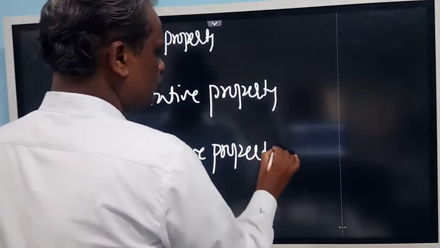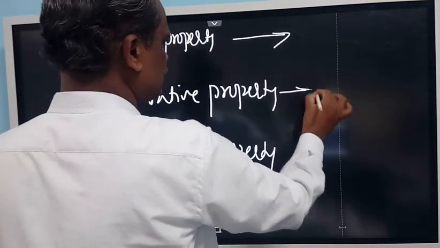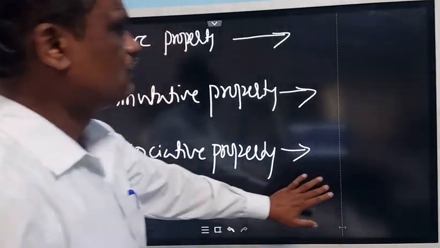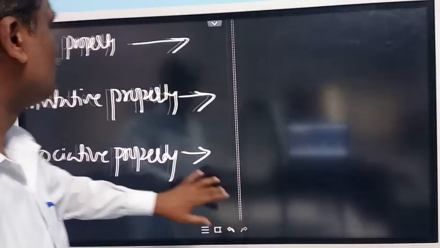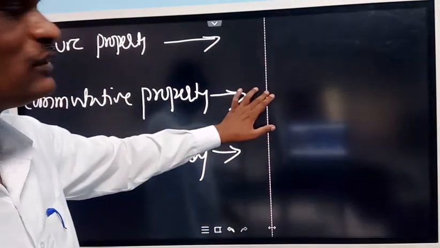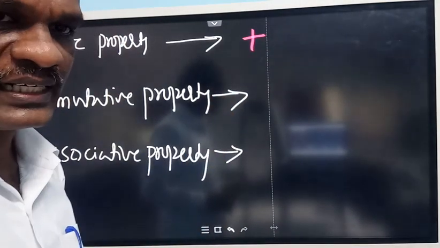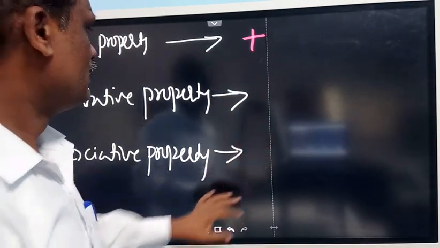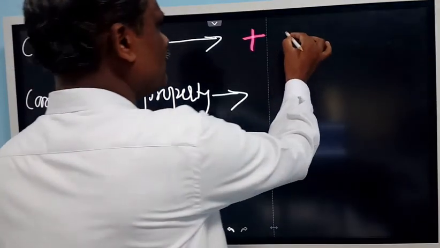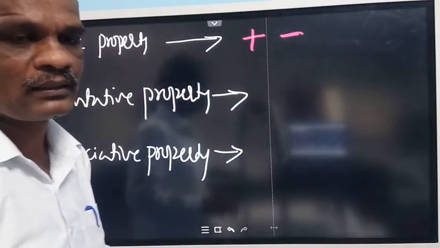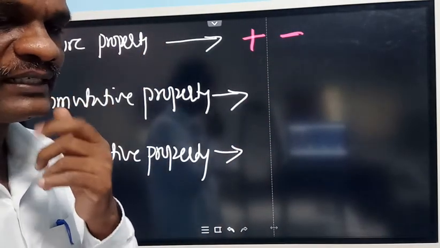Okay. Now under this again, let us recall. Closure property, rational numbers, you tell me. Under addition, closure or not? Under subtraction, closure property.